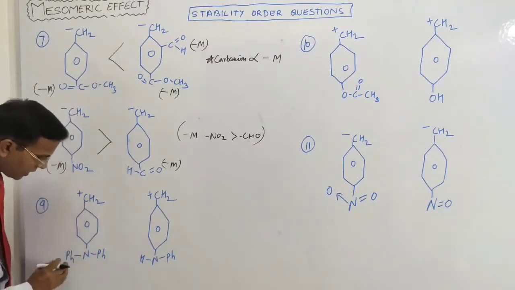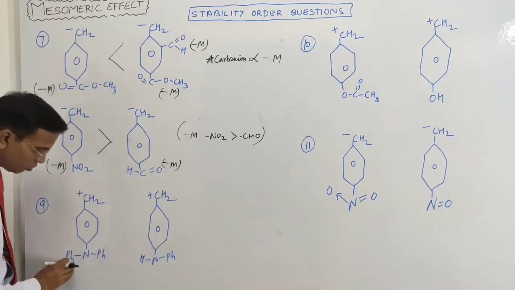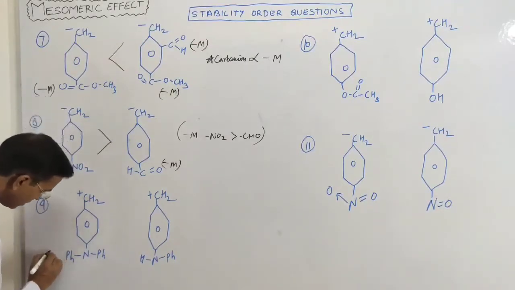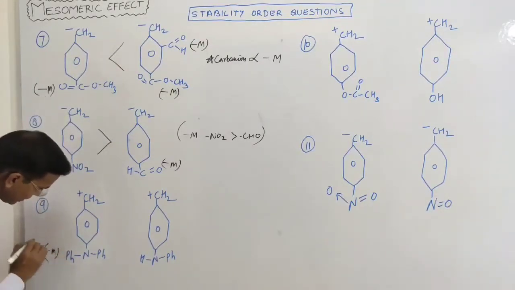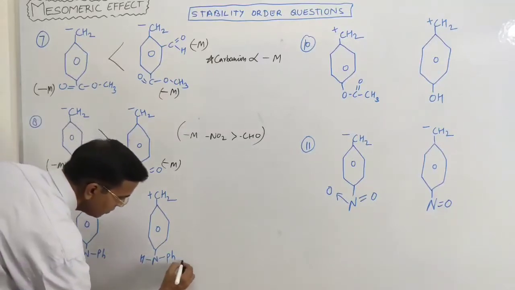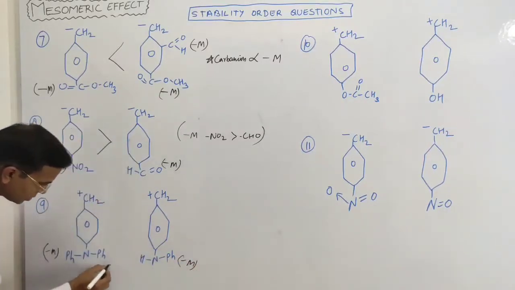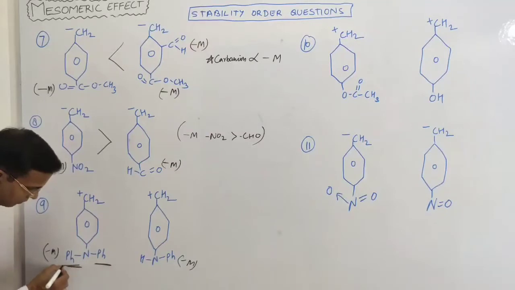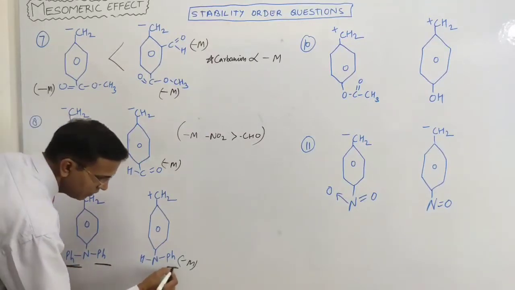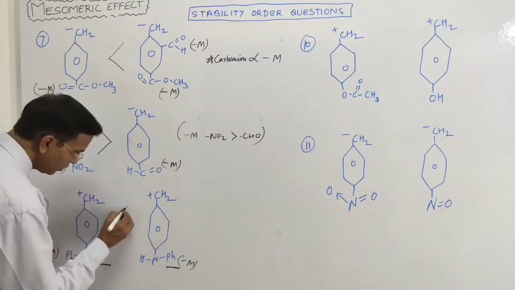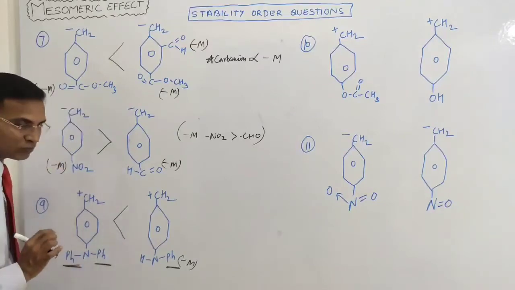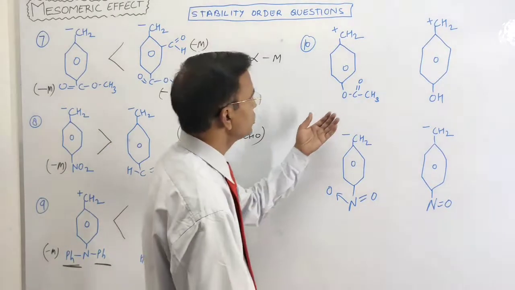So it withdraws the electron density, which means it shows the minus M effect. Here is also minus M, but here is 2 phenyl, and here only 1 phenyl, so this will be more stable than the 2 phenyl one, right? Now come to the next question.